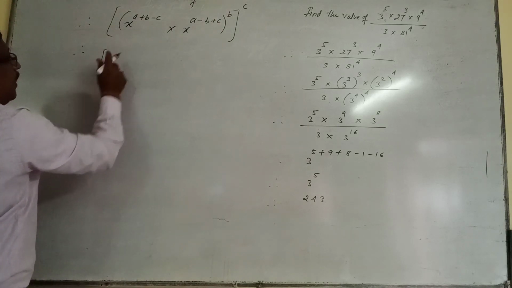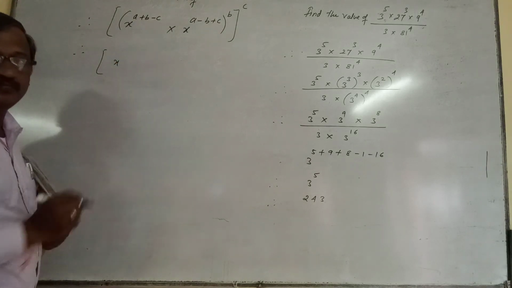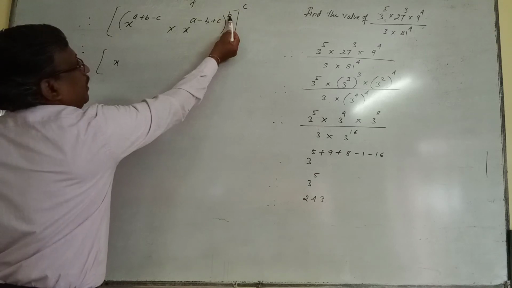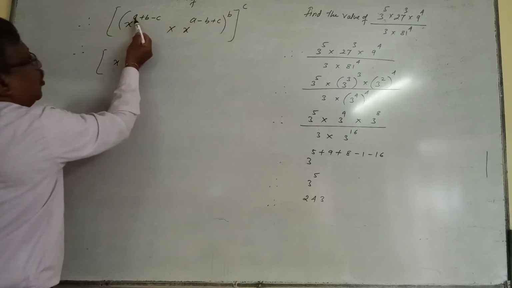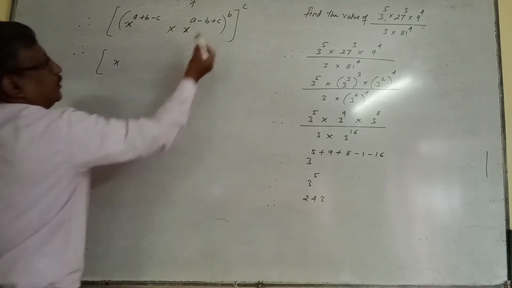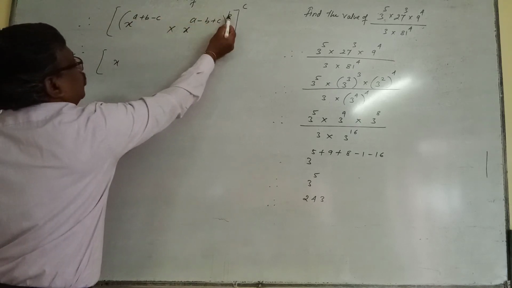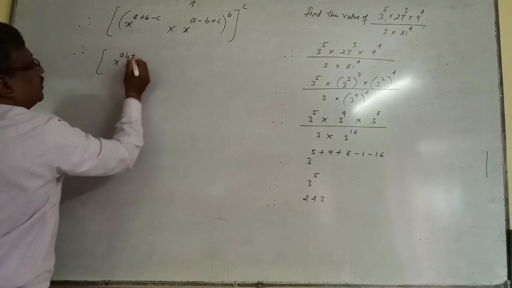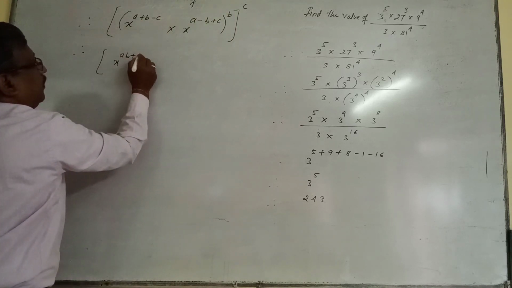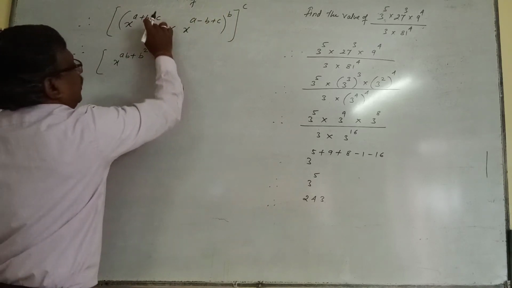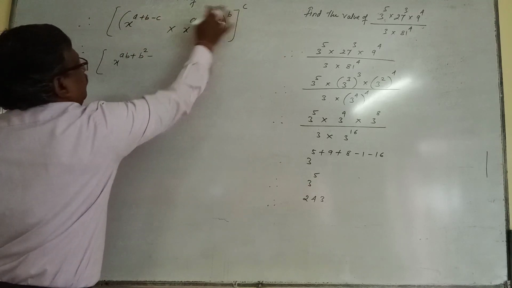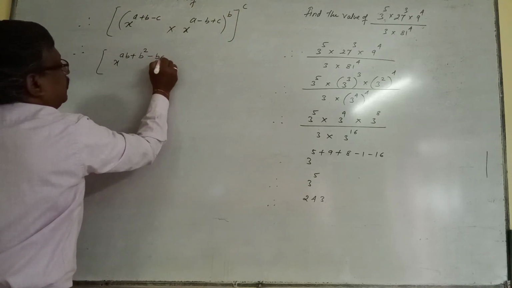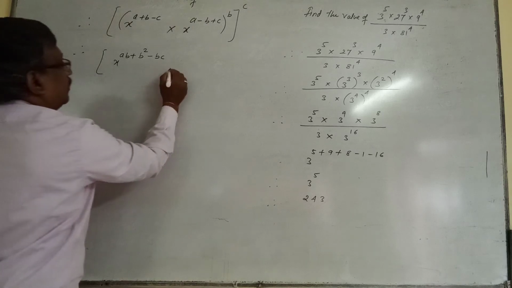So it is into bracket, x raised to, first you multiply by b to all these three values, right? So b into a, you will get ab, plus b into b, you will get b square, minus b into c, you will get bc, right? Like that.